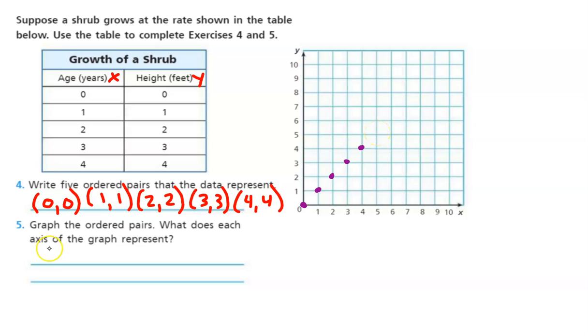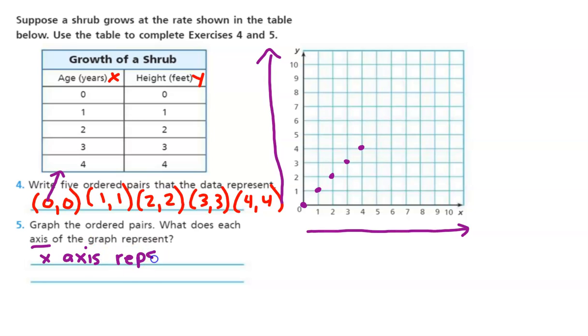So here where they ask you what does each axis represent, that's basically asking you for your labels. What did we do when we were going over, and what did we do when we were going up? So we want to think of those labels. What did the X, or our first number, represent? Our first number represented this column right here. So we would say the X axis represents the number of years, or I guess we should have said age.